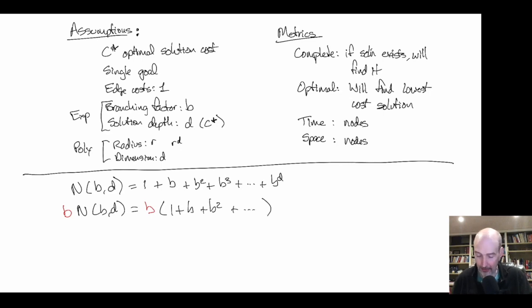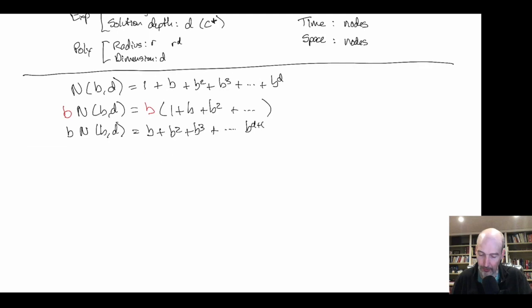Then to write this out one more time, b times n of b comma d is equal to b plus b squared plus b cubed plus b to the d plus 1.